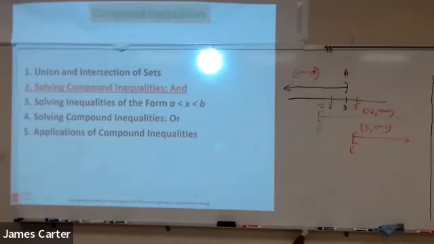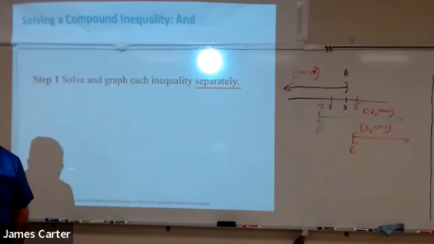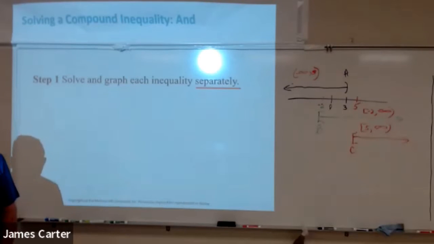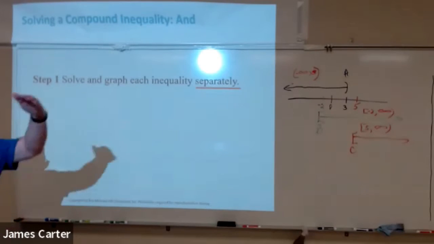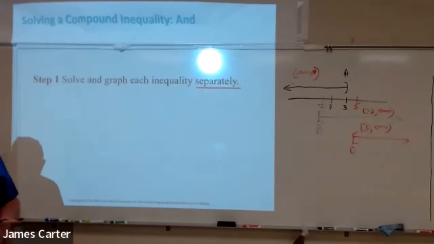Okay, here we go, solving them now. All we've been doing up here is kind of getting an orientation into what they are. So we'll solve them. Solve and graph each inequality separately. Haven't we been doing that? We've made one graph for the first one, one graph for the second set, and then we've been figuring it out.